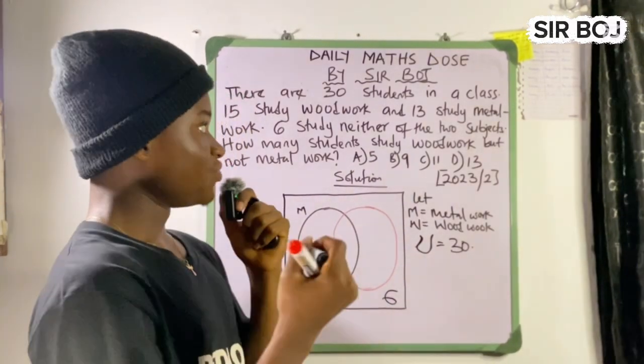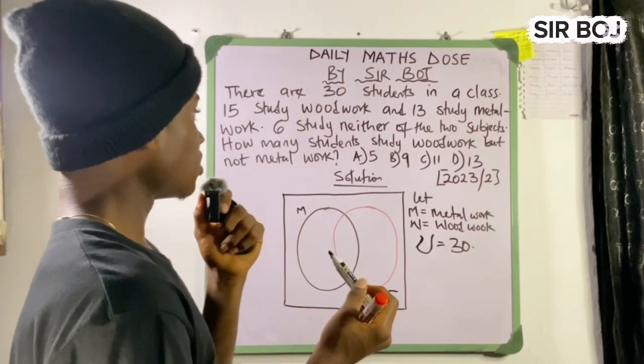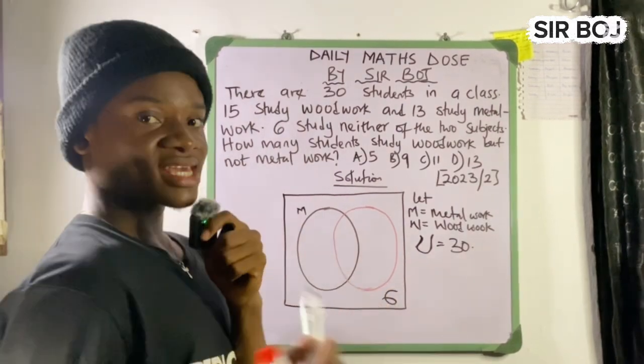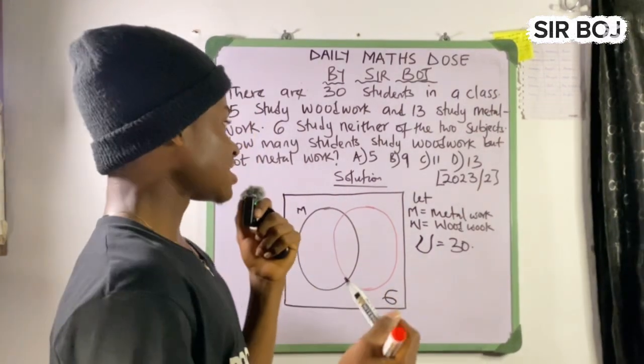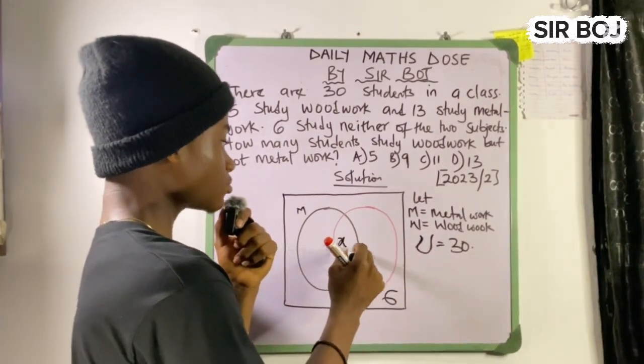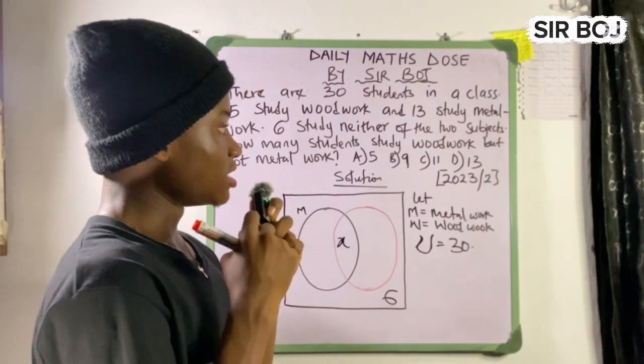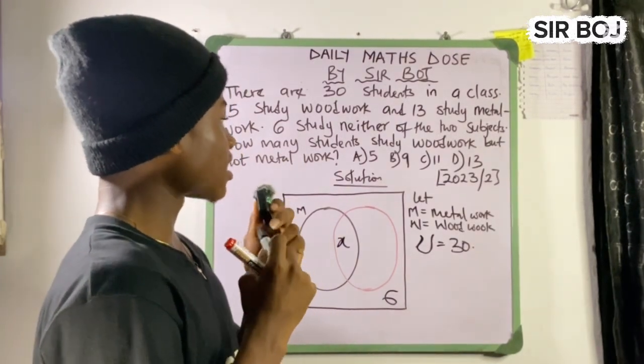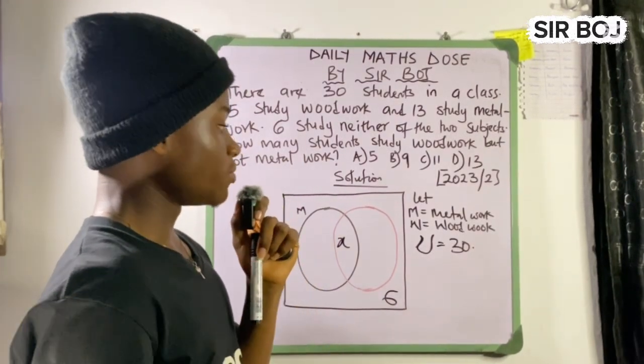They study neither of the two subjects. We can take the number of students that study both metalwork and woodwork to be X.